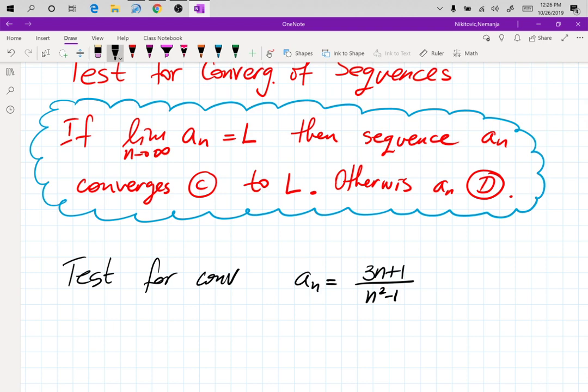Now, the method you're going to use is your problem, right? The only thing that this section is asking you to memorize is that to test the convergence of the sequence is to take the limit. So, to solve the problem, you must take the limit as n goes to infinity of (3n plus 1) over (n squared minus 1). Now, what kind of witchcraft you're going to use to solve this, that's your Calculus 1 problem, right?